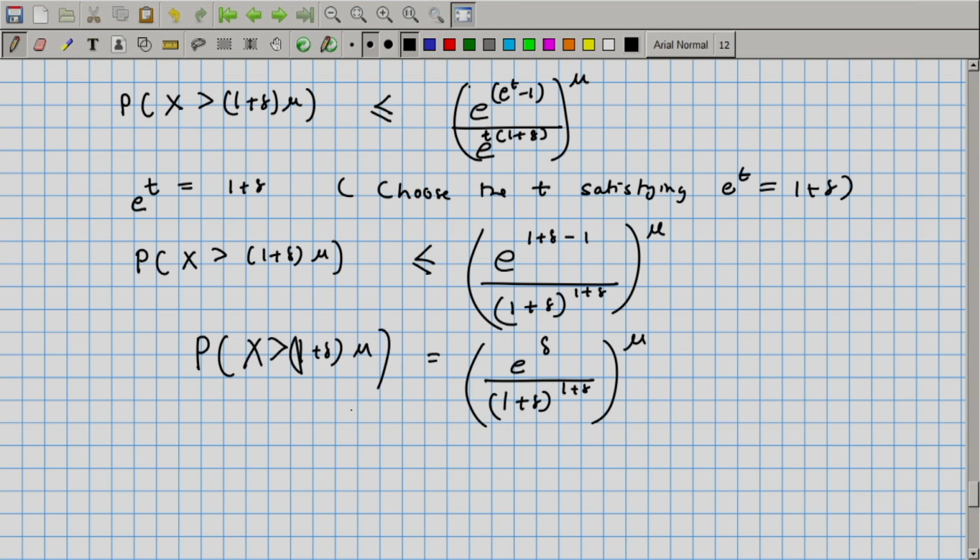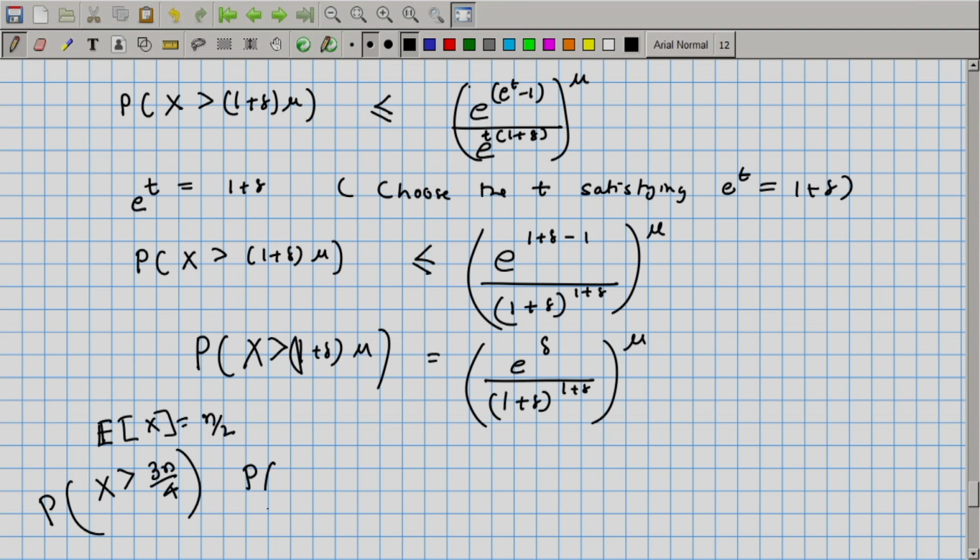Now, let us look at this expression closely. In our scenario, we had x to be the sum of n IID random variables, and the expectation of x was n by 2. We wanted x to be greater than 3n by 4, and we wanted to determine the probability of this. In this case delta would be 1/2.